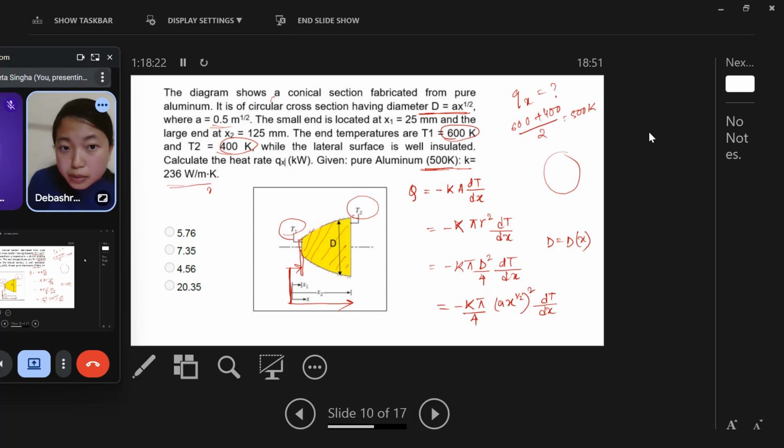Are you able to solve? Okay, did you get till this slide?